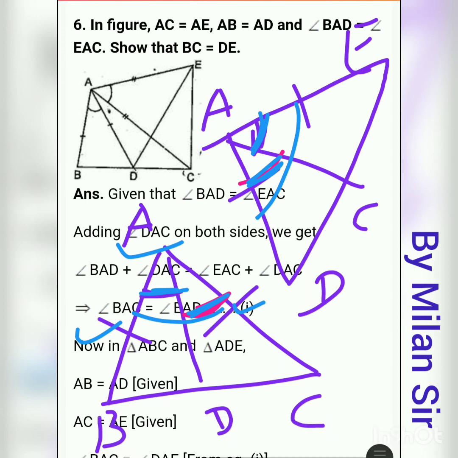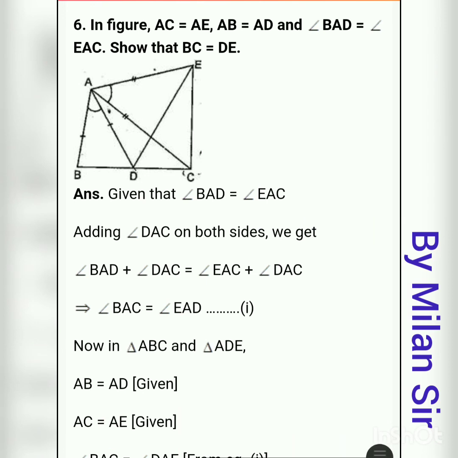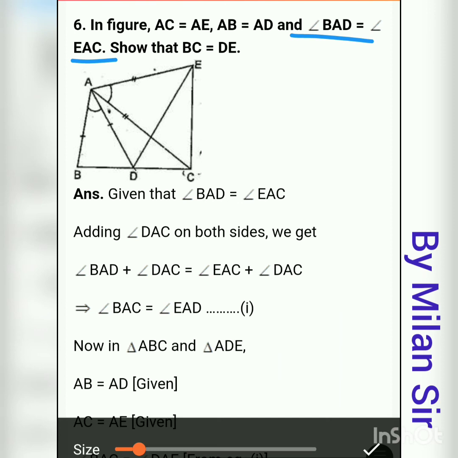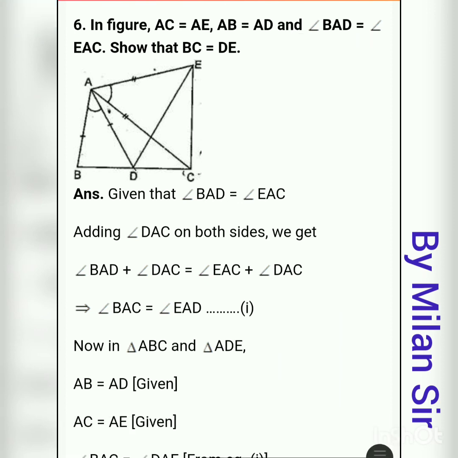Now how can we prove these two angles are equal? That we need to show here, because the sides are already given to you. We only need to prove these two angles are the same. So for that, just do this process. Here it is given angle BAD is equal to angle EAC.